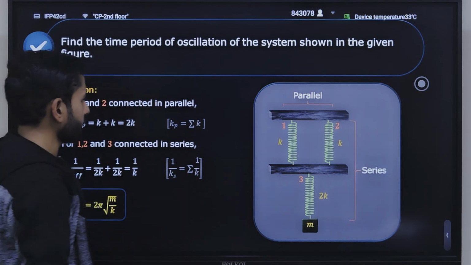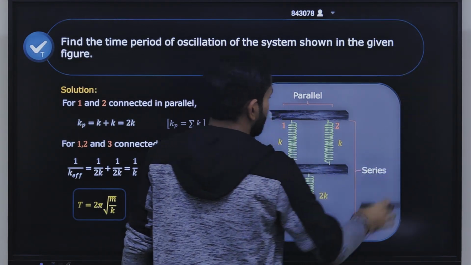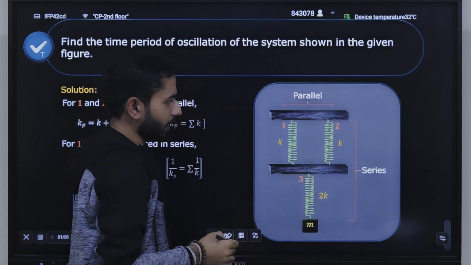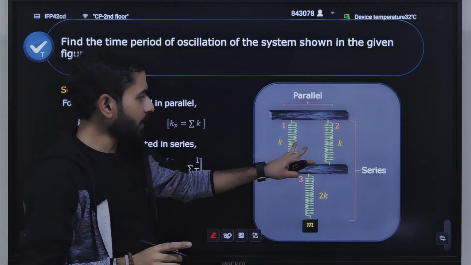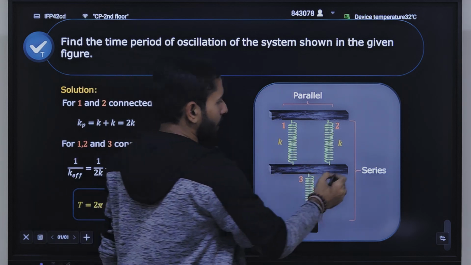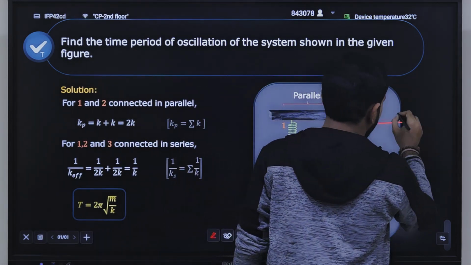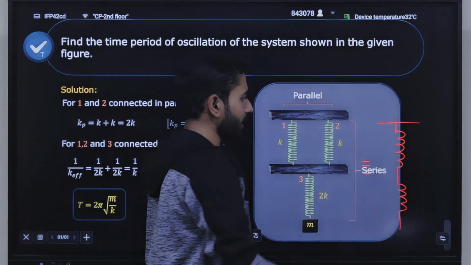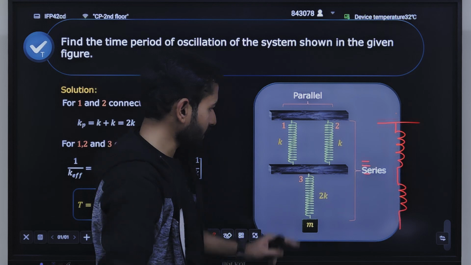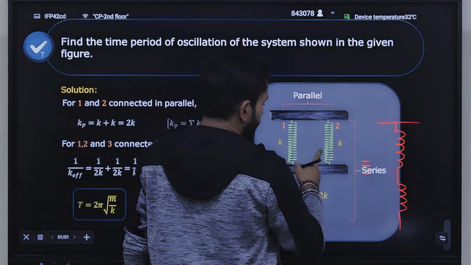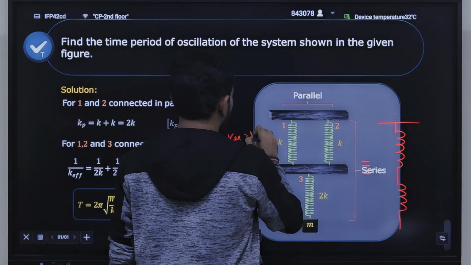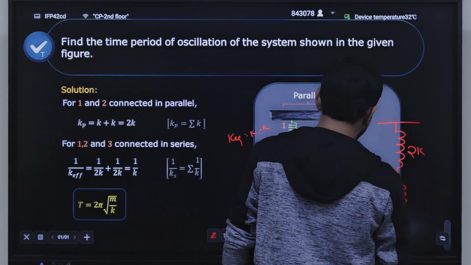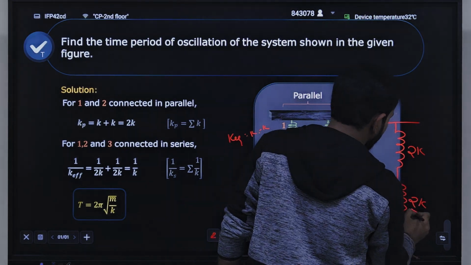For example, there is a question. How will you solve it? Simple question. See, what is given here? Two springs are clearly in parallel, and the equivalent circuit you can make here is this will be 1, this will be 1. Now these two springs are in series. So first we solve this parallel. Parallel means the series formula: K equivalent is equal to K plus K. At the place of these two, I can simply write 2K, and the second spring is also 2K.